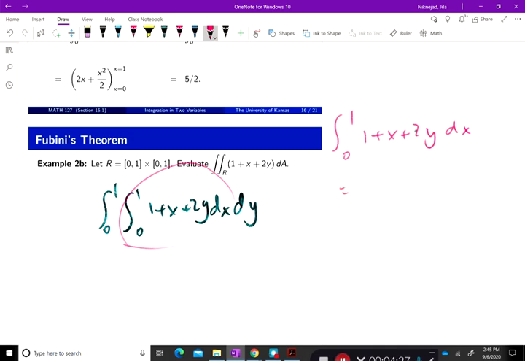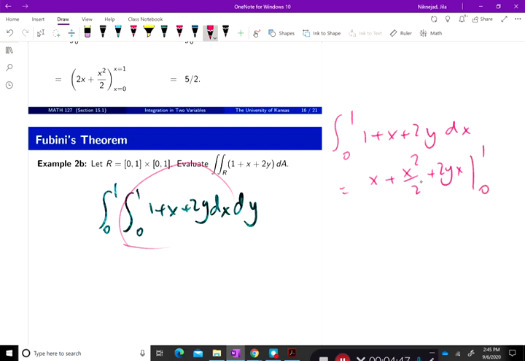Let's rewrite it: the integral from 0 to 1 of 1 plus x plus 2y dx. Y is going to be constant. The integral of 1 is x, the integral of x is x squared divided by 2, and the integral of 2y is 2yx because 2y is a constant, from 0 to 1.